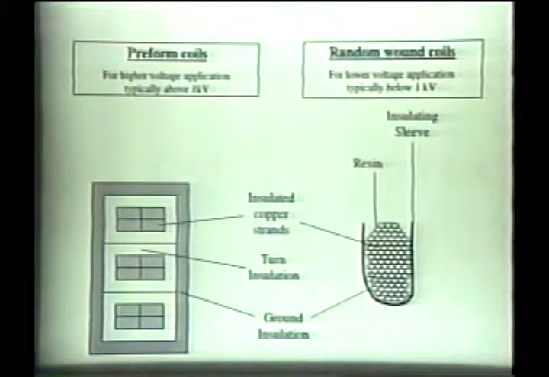For the lower voltage applications, typically below 1 kilovolt, you would have random wound coils. In that type of coil, you would get individual strands that are insulated, impregnated with resin, and the coil itself would be encapsulated in an insulating sleeve.